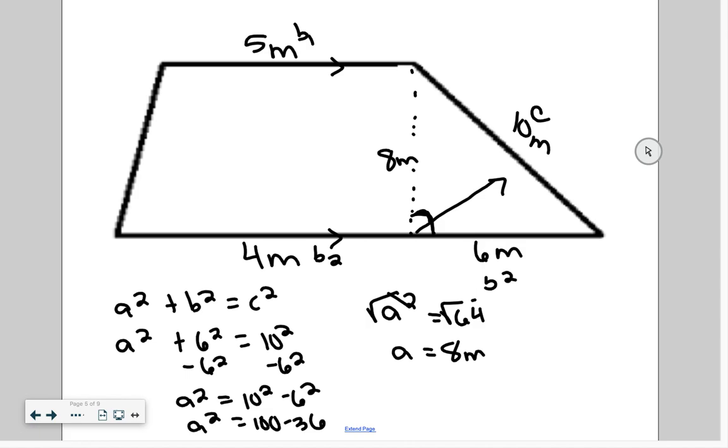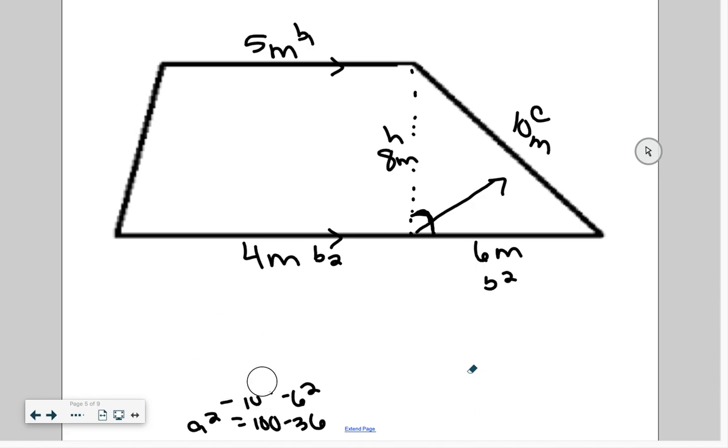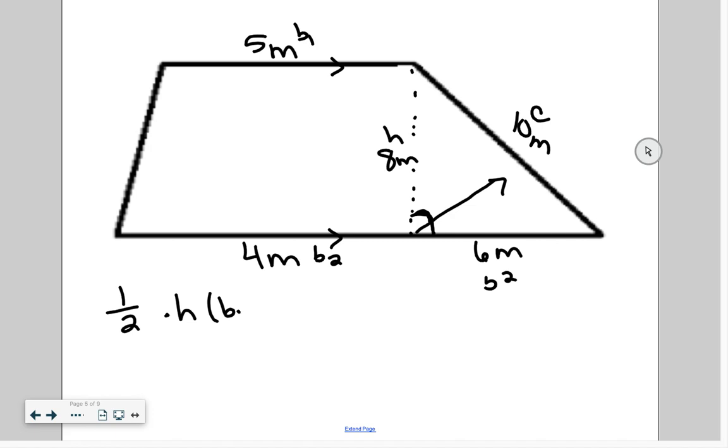So now that we know our height, we finally have every piece of information that we need to find the area of this trapezoid. I'm just going to erase what I don't need here. Okay, so our formula, 1/2 times height times base 1 plus base 2.